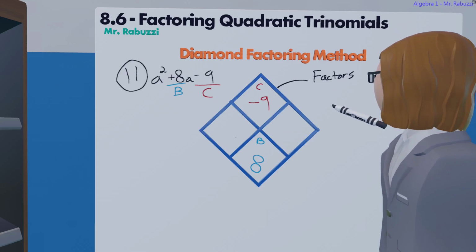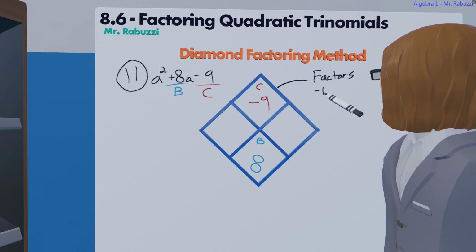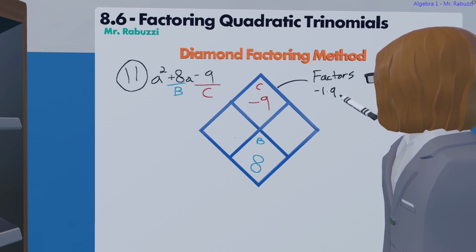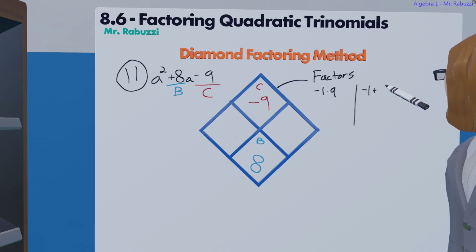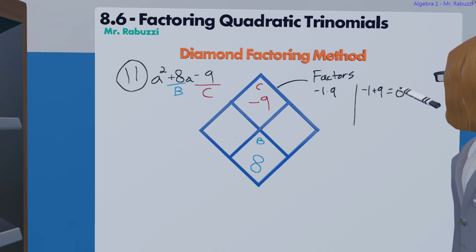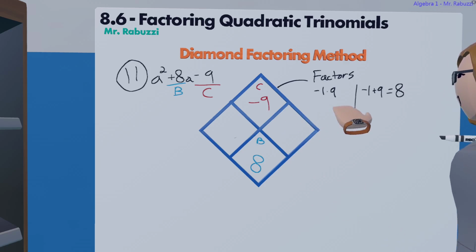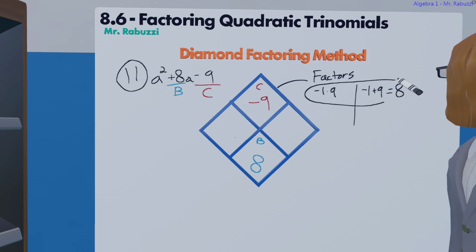Factors of -9. If it's a -9, it could be -1 times 9. Let me check if that adds up to 8. -1 plus 9 equals 8. Oh, all right. Perfect. We got our correct factors in the first try.